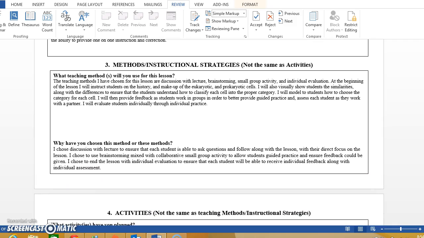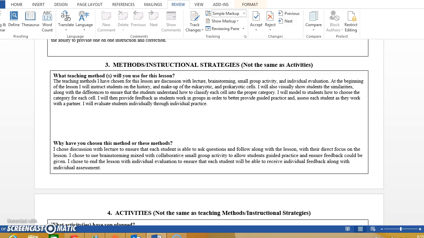Methods, instructional strategies. What methods will you use for this lesson? The teaching methods I have chosen for this lesson are discussion with a lecture, brainstorming, small group activity, and individual evaluation. At the beginning of the lesson, I will instruct students on the history and makeup of eukaryotic and prokaryotic cells.